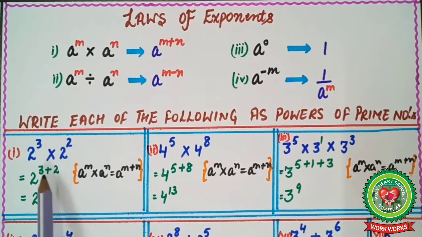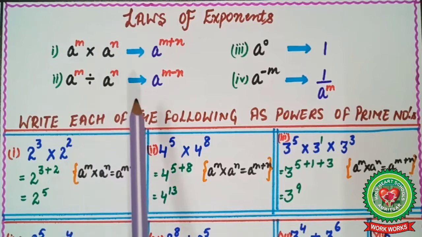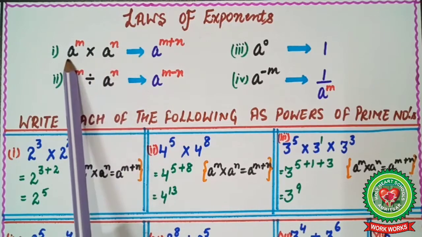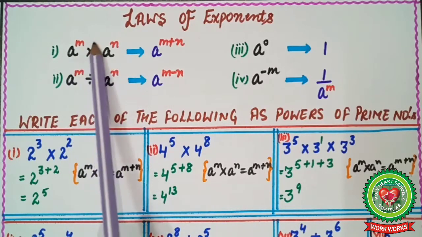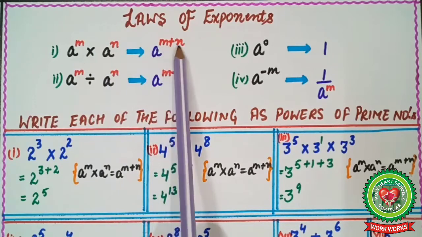First of all, we see that the bases are the same, and their powers are different. The bases are the same and they are getting multiplied, so we use the law of exponents: whenever the bases are the same and they are getting multiplied, their powers will be added.